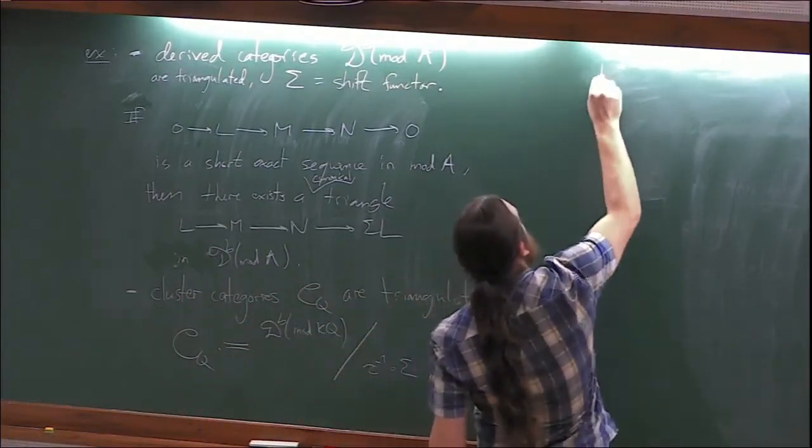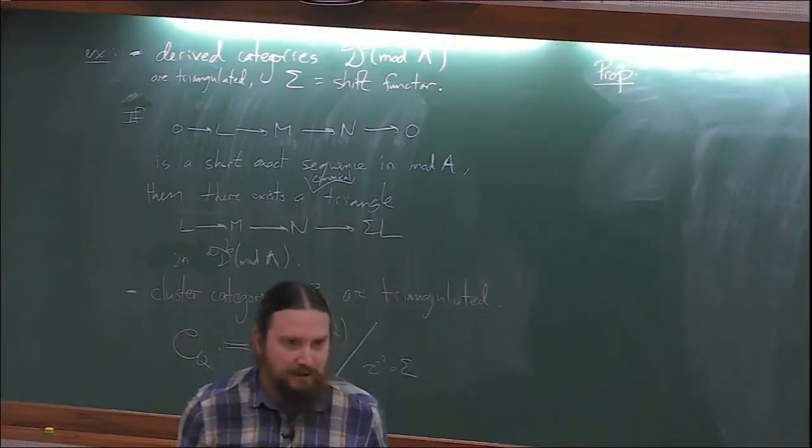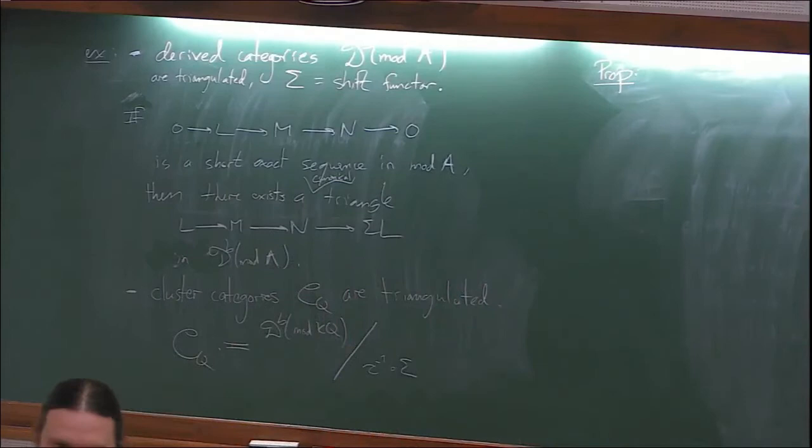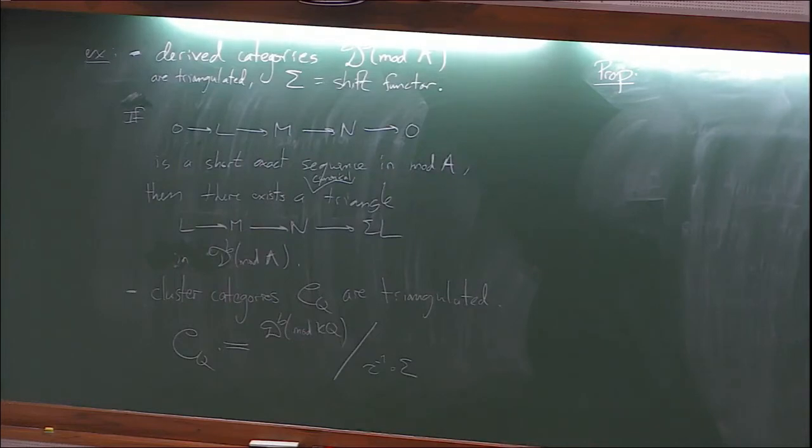So I'll write this as a proposition. There are some things that should be known in order to play around with these axioms. So in TR1, you have a morphism, you complete it into a triangle. This is not unique. But this object here is unique up to non-unique isomorphism.